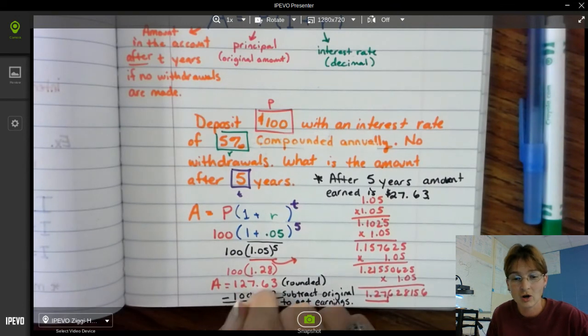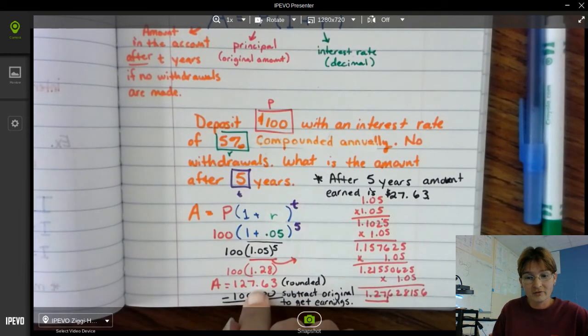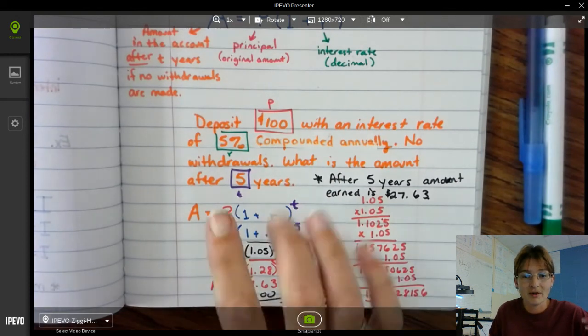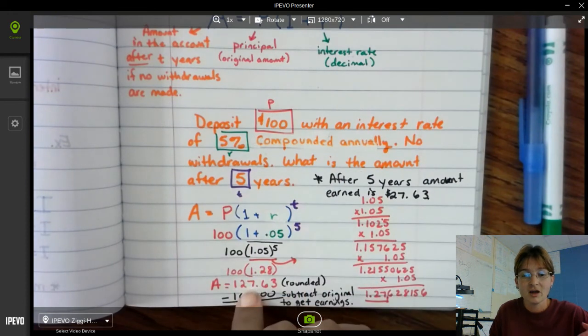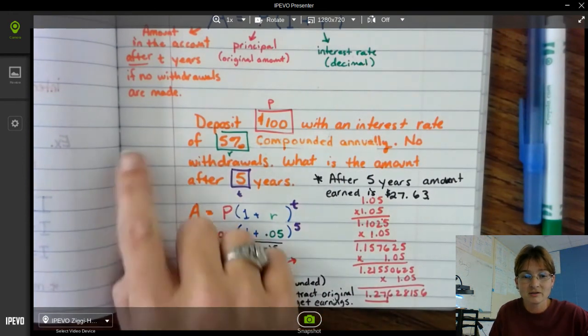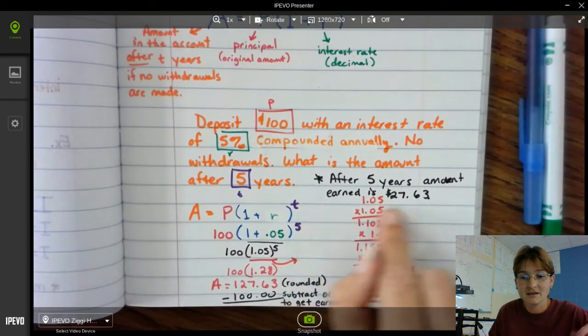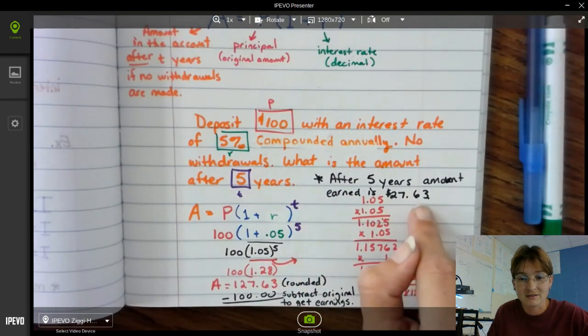That is what you've earned over 5 years, and what would be then if you did the 6th year, this amount would then get compounded, it would get multiplied by the percentage and all that kind of stuff. But the amount that you earned over the 5 years is $27.63.